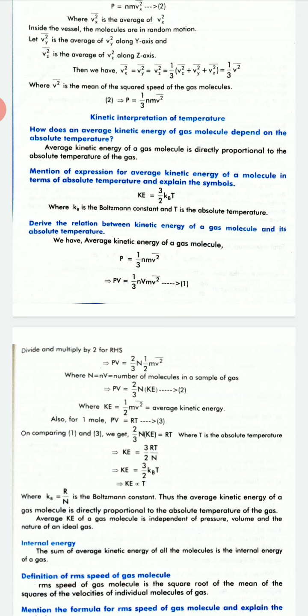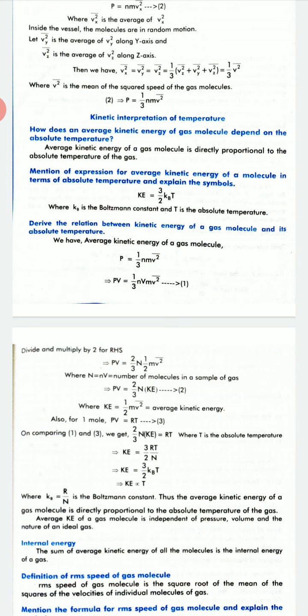Then, multiplying both sides by V, PV = 1/3 nVm v² bar, where N = nV. Suppose this is equation number 1.